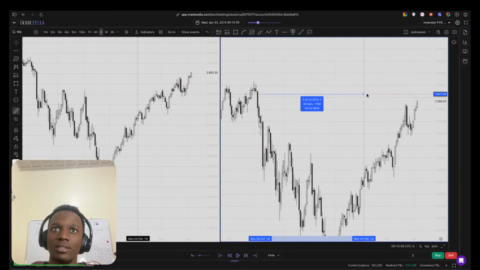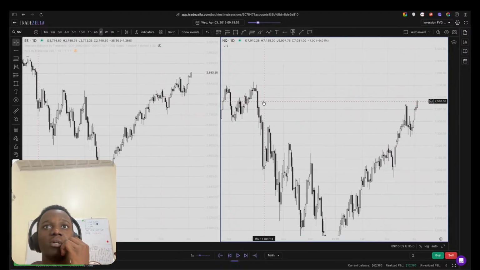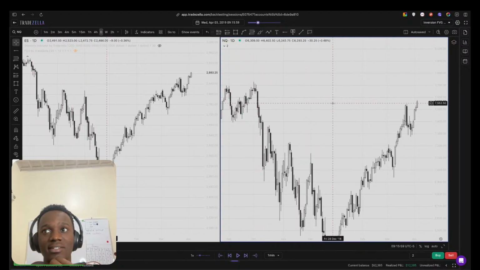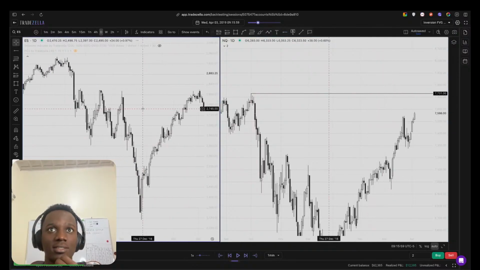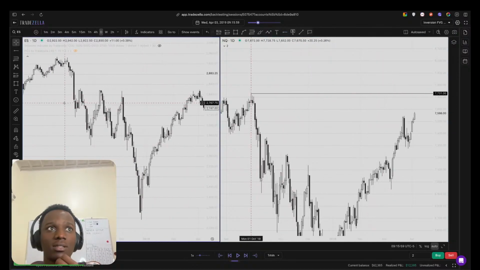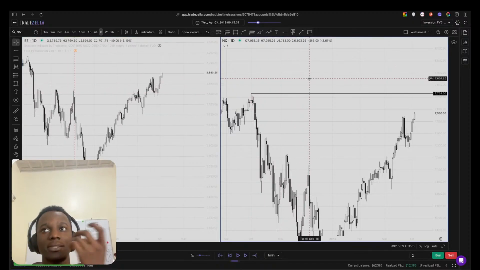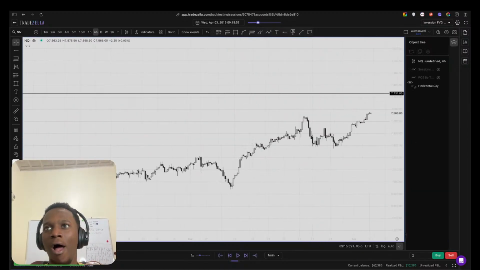So we are in an unfilled gap, which is obviously now filled from 4th of October last year, and we have this high here. I'd like to see it go higher though, because it looks bullish.